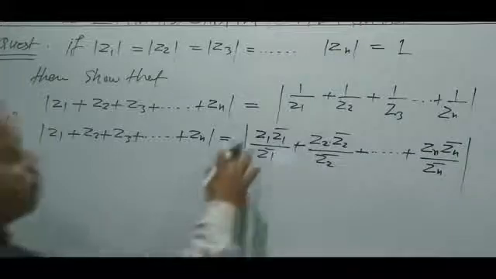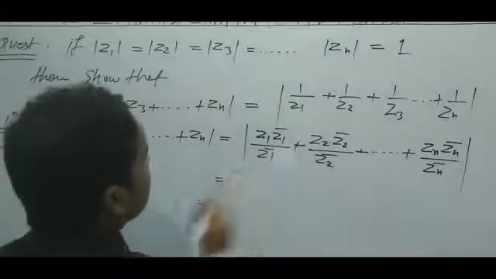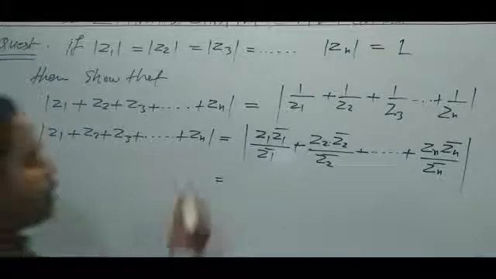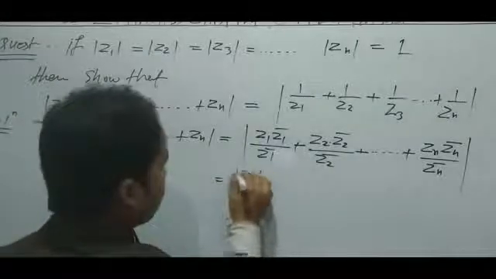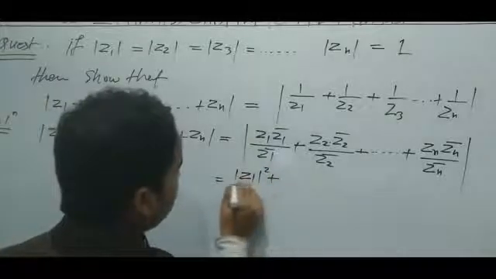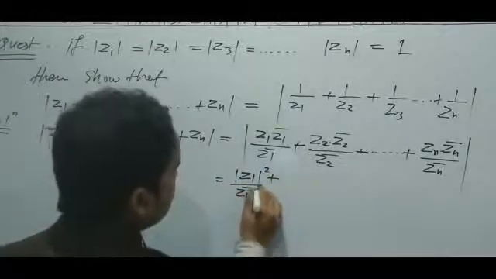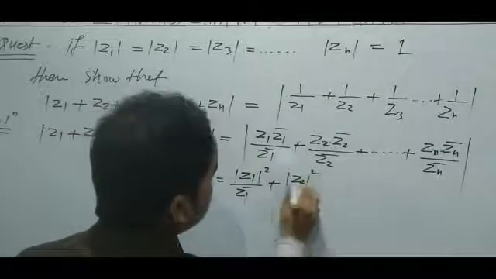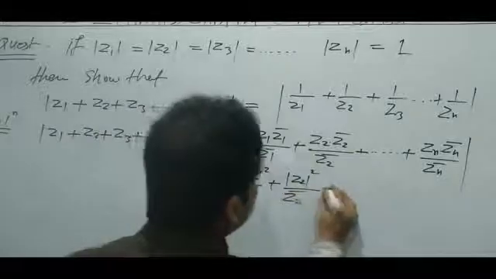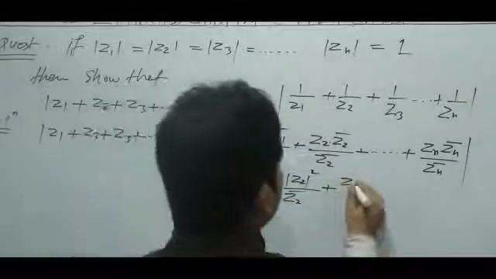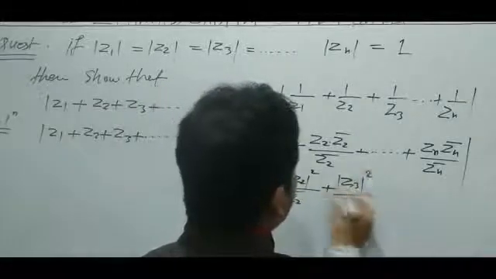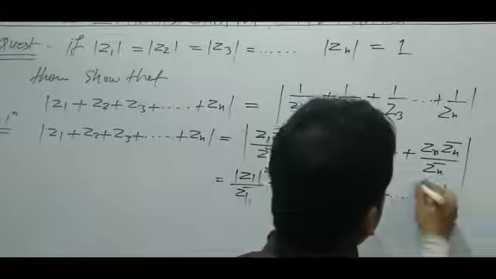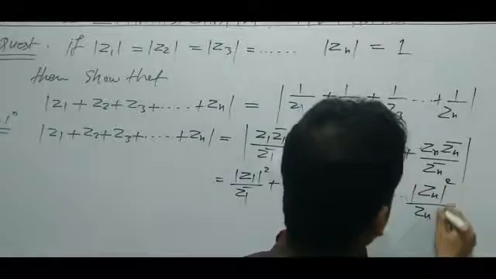So this one result, you know, mod of z1 whole square upon z1 bar plus mod of z2 whole square upon z2 bar plus mod of z3 whole square upon z3 bar plus up to mod of zn whole square upon zn bar.